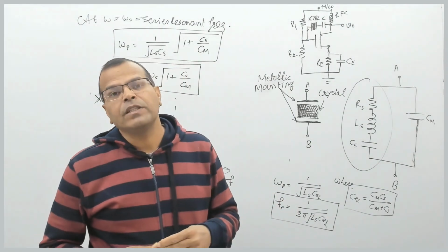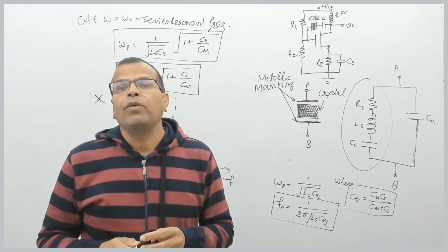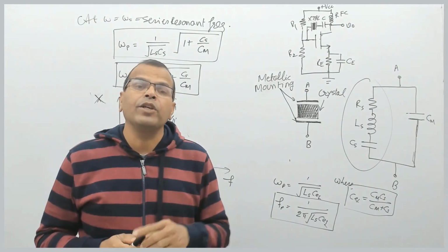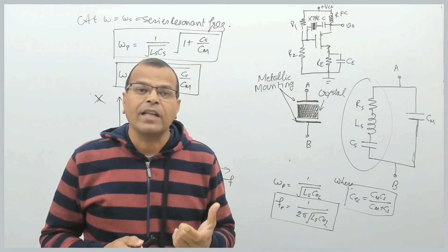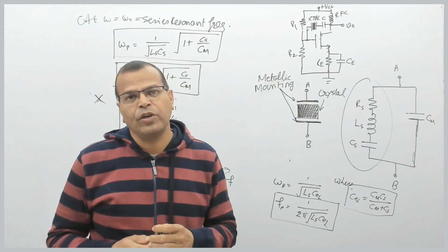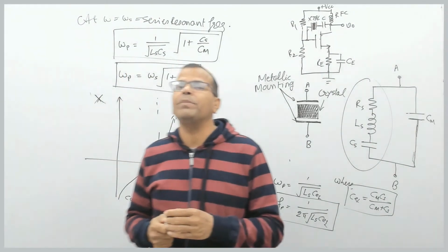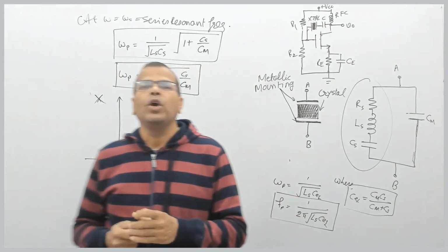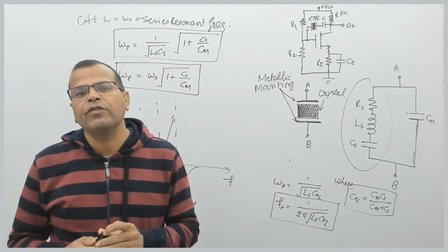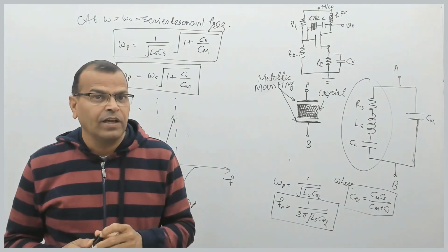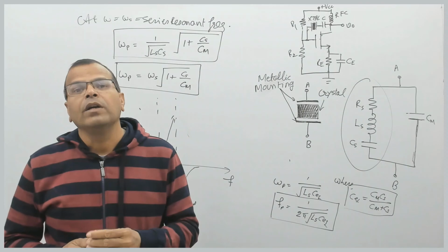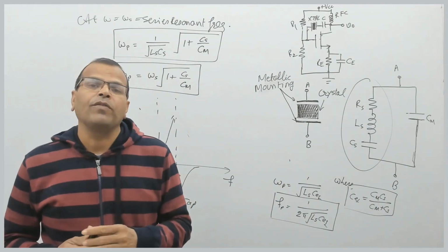Or a negative resistance device is used for generation of non-sinusoidal oscillations like spikes, and that oscillator is called a relaxation oscillator. So we have a UJT based relaxation oscillator which is used for generation of pulses, which can be used for firing of thyristors. So I hope you know the concept of relaxation oscillator.